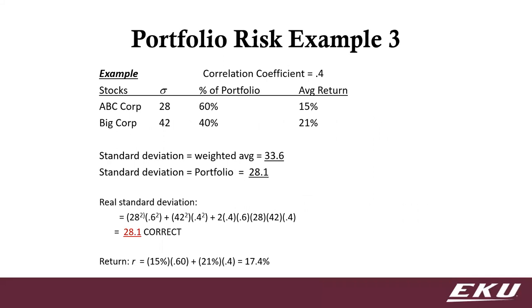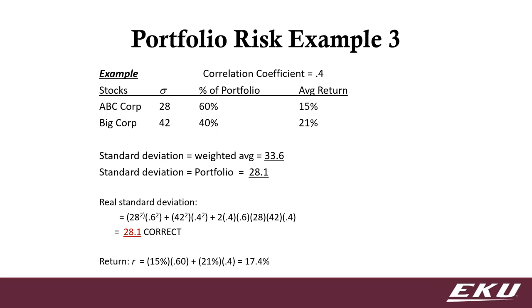So let's look at another example. We have a couple of stocks that we're going to look at, ABC and BIG. We've got their standard deviation, their investment in the portfolio, their average return, and a correlation coefficient. Based on the weighted average of the standard deviation, it would be 33.6, but for the portfolio, it's actually going to be only 28.1.